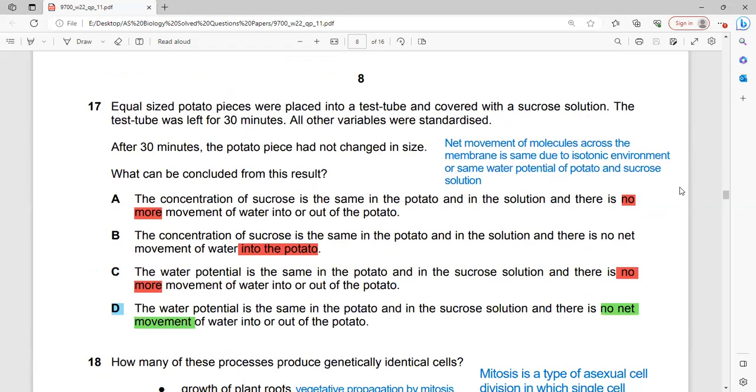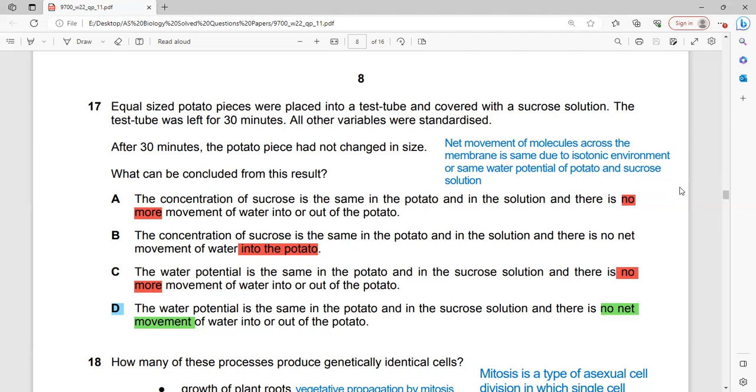Equal-sized potato pieces are placed in a test tube and covered with a sucrose solution. This test tube was left for 30 minutes. All other variables were standardized: temperature, the concentration of the solution, the volume of solution, everything stayed the same.